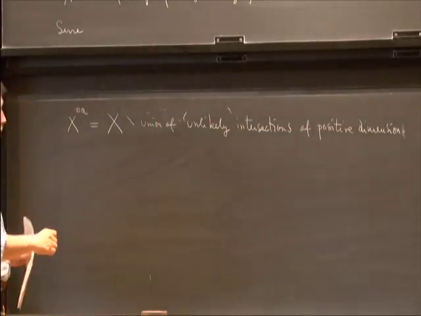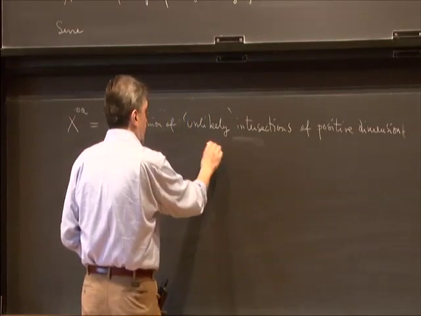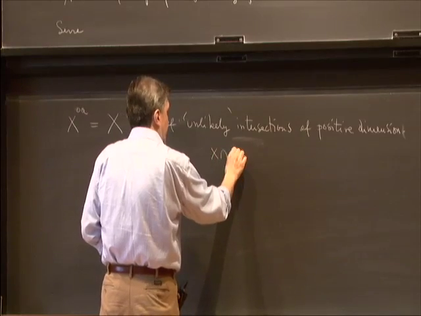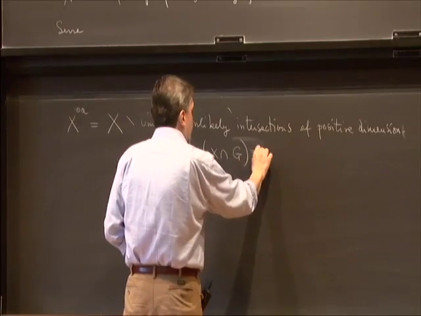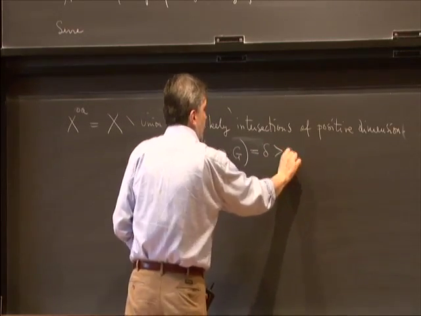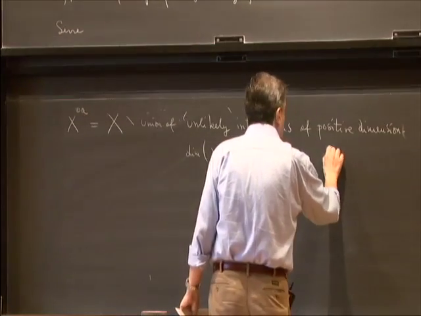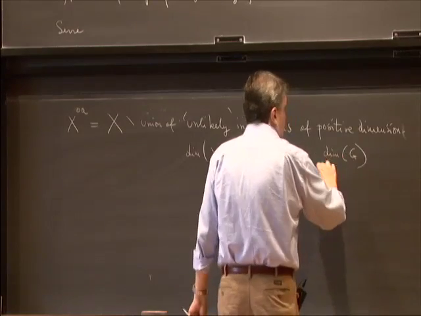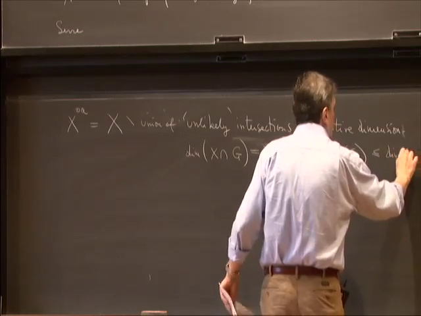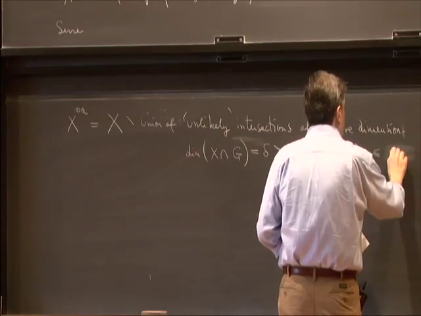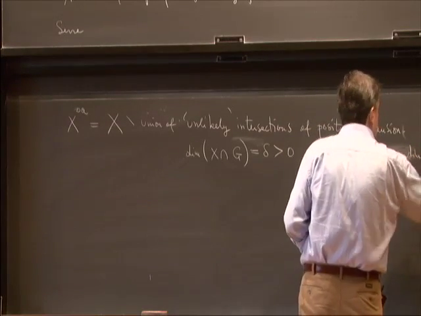By which I mean the intersections x intersected g such that the dimension of this is delta, positive delta, and the dimension of g is less or equal than n minus dimension of x plus delta minus 1.